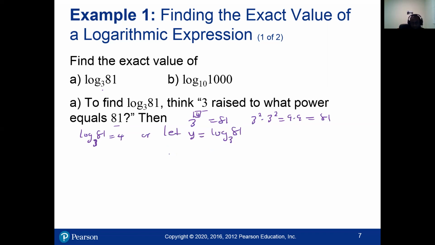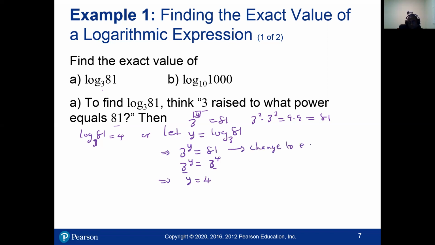Write it as an exponential function: 3 raised to y is equal to 81. Then let them have the same base. The 81 is the same as 3 raised to 4, and this is 3 raised to y. The bases are the same, therefore y is equal to 4.